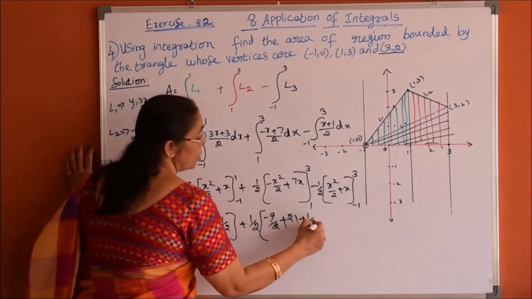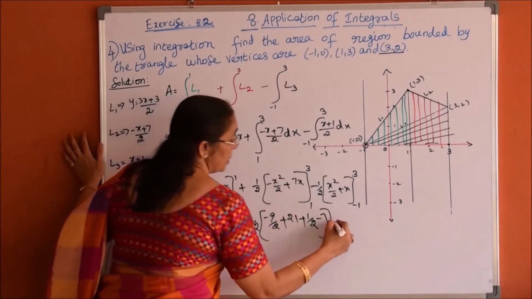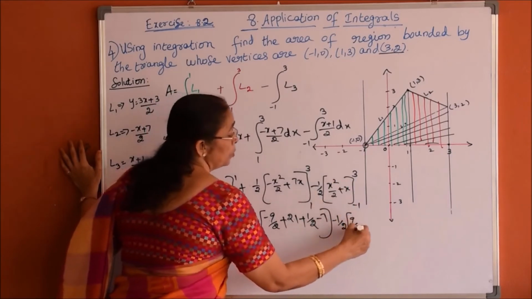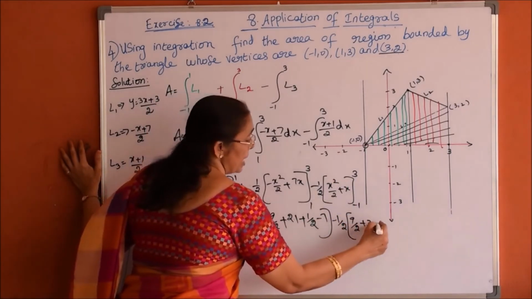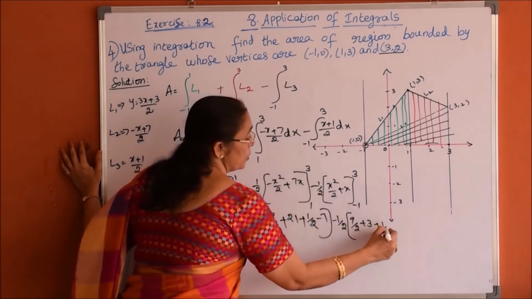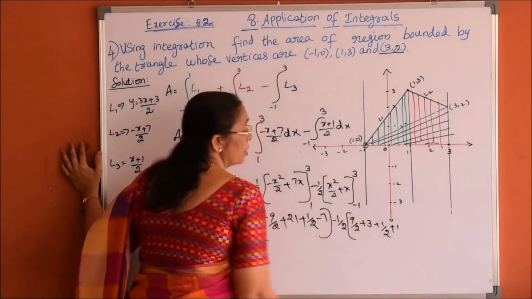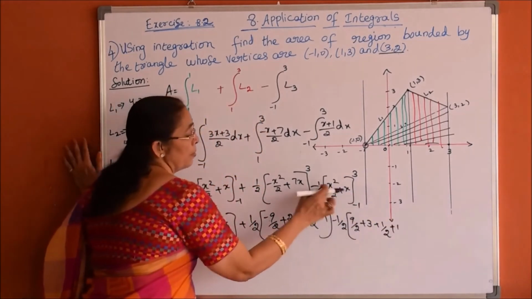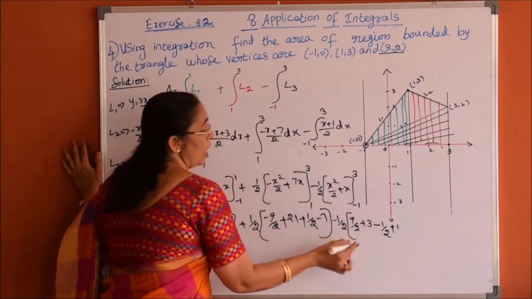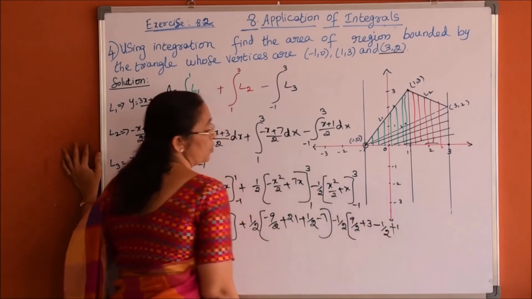So, 1 by 2 and minus 7. For the last part, minus half, 9 by 2 plus 3, minus 1 whole square is plus 1, it will become plus 1 by 2, and here minus lower limit, minus 1 whole square will come. So, minus half and this one is plus, this part.